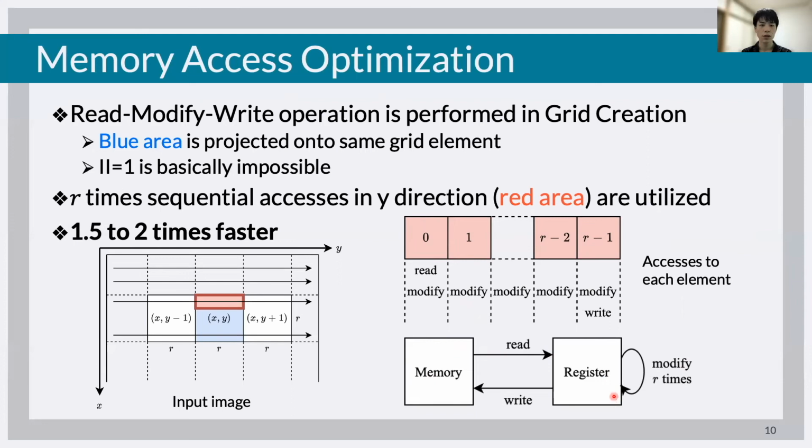Here, notice that the updating values on registers can be performed in one clock. After processing the last pixel, here, the element is stored back to memory from the registers. By separating read, modify, write operations like this, we can achieve the II equals 1 implementation.